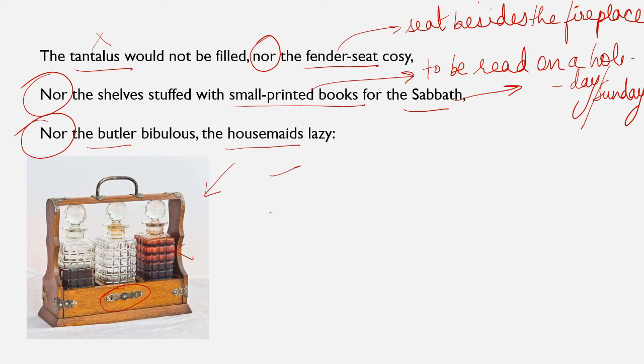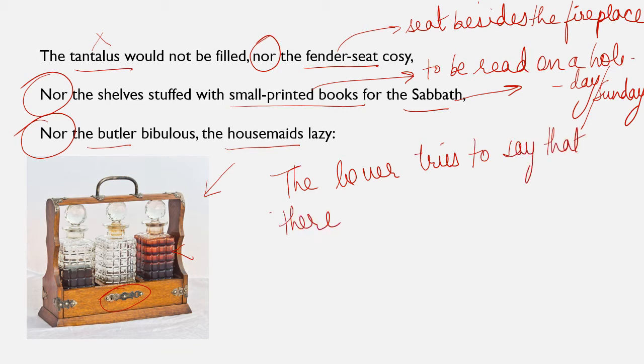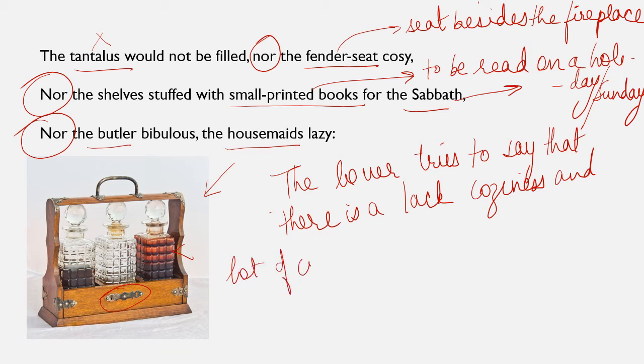So basically the lover tries to say that there is a lack of coziness and a lot of coldness.